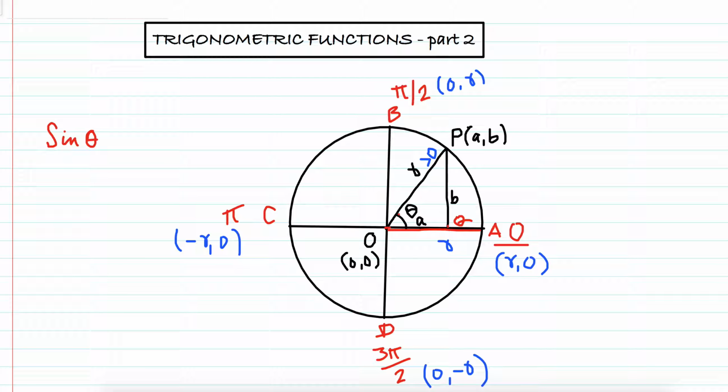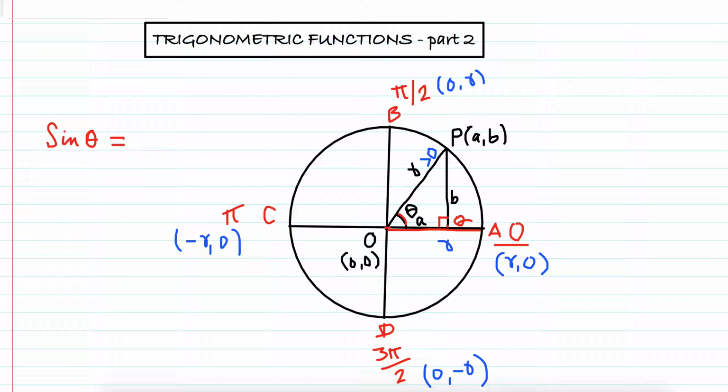This angle is theta, and this is the perpendicular from P to this radius. So PO and Q form a right angle triangle, right angle at Q. In this triangle, theta is one of the angles.